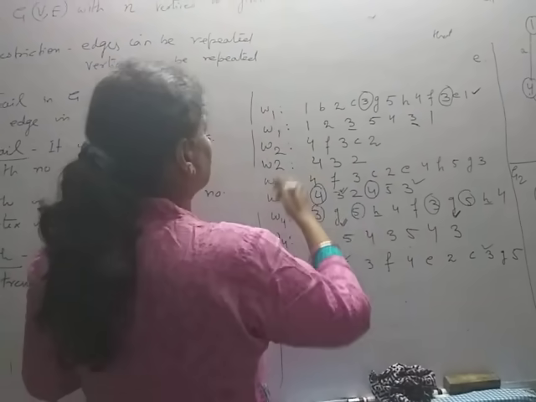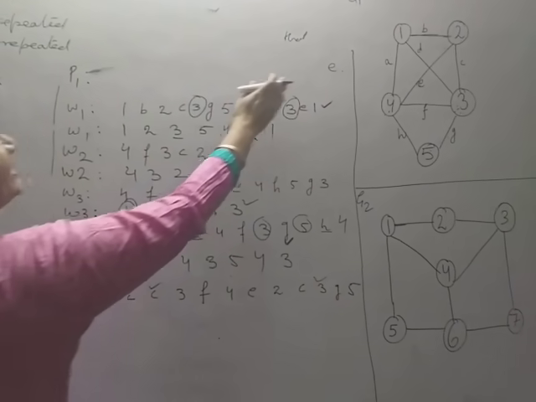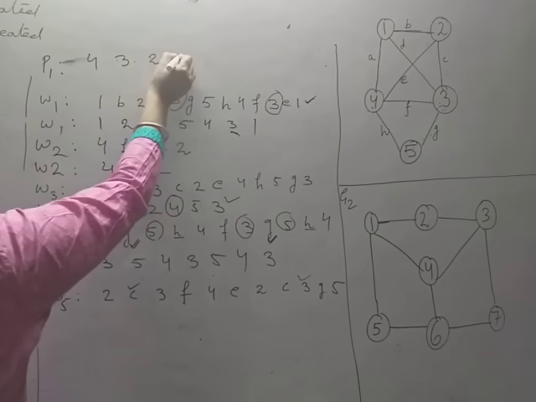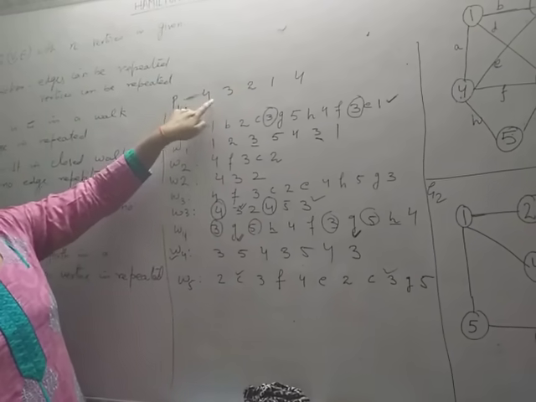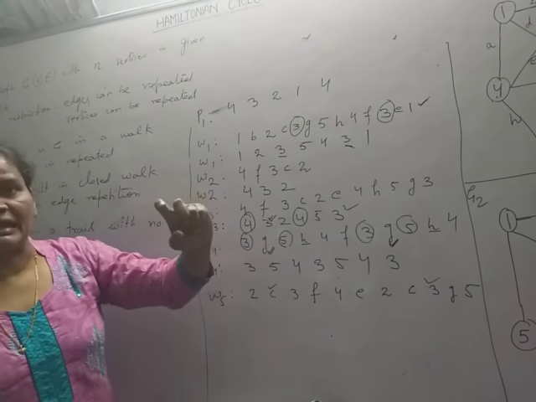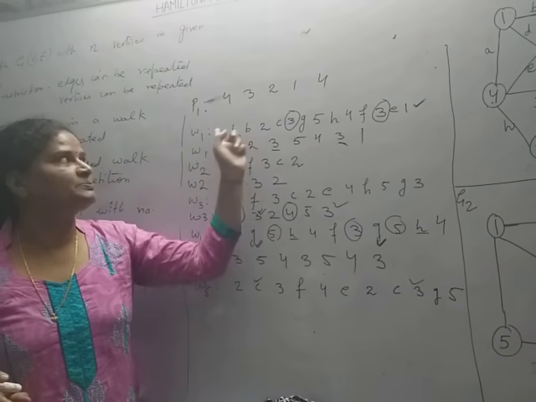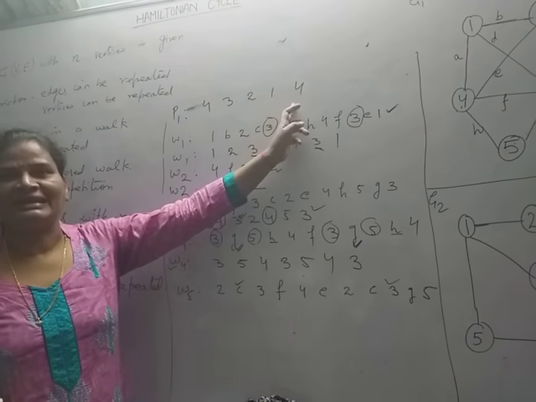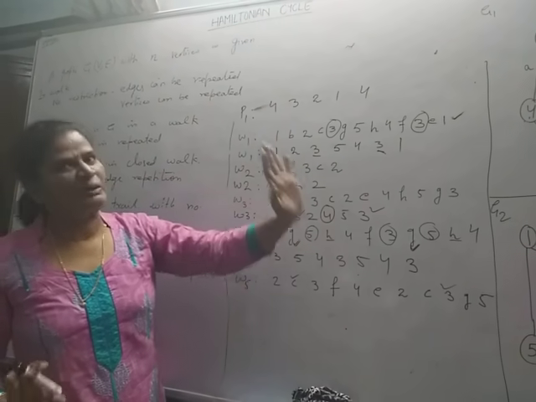Suppose path P1 for the graph G1 is 4, 3, 2, 1, 4. This is a closed path. It starts from 4 and ends at 4, but other than the start and end vertices, no vertex is repeated. All the vertices other than the start and end vertices should be distinct. That is called a path.